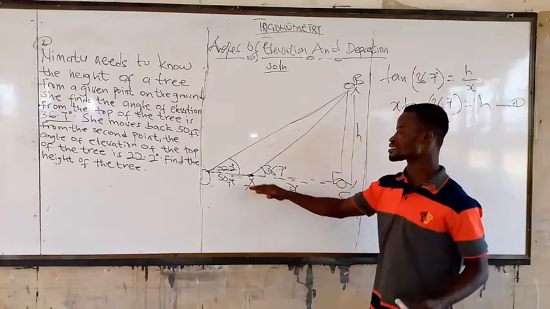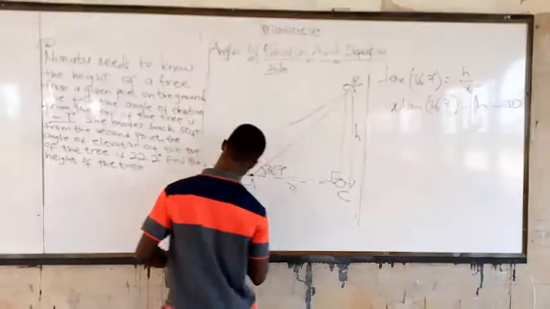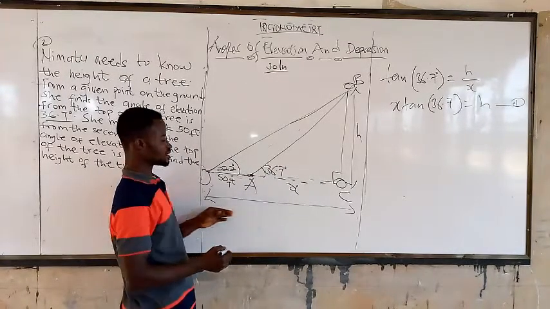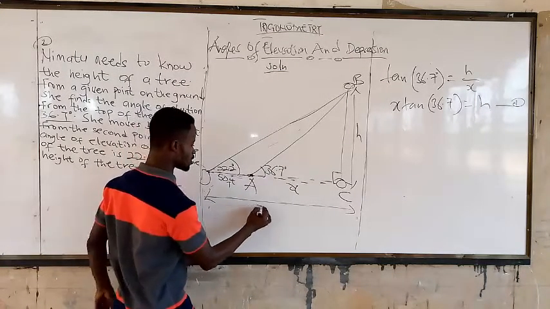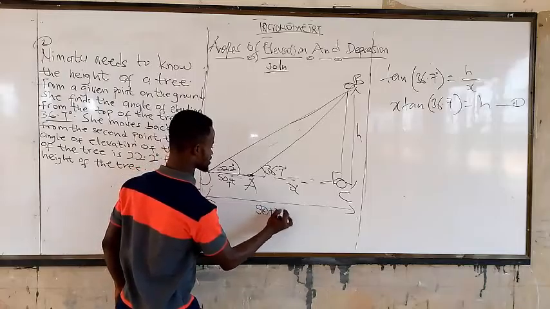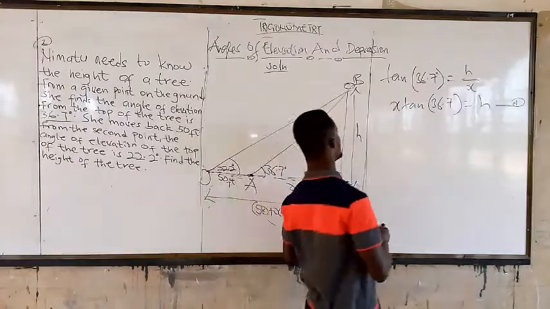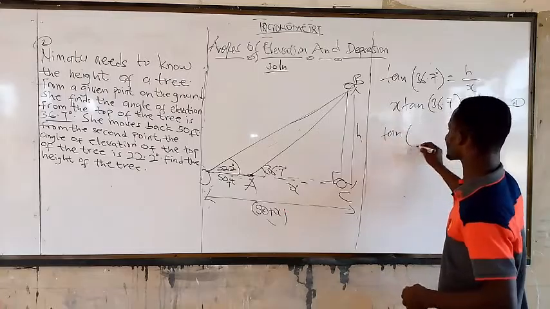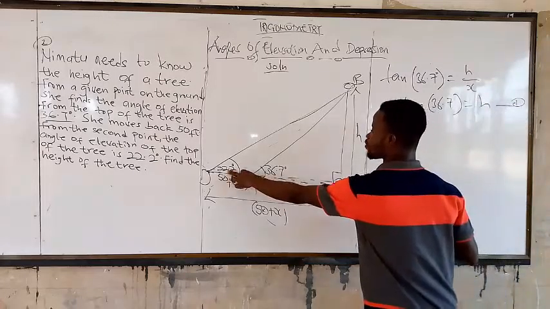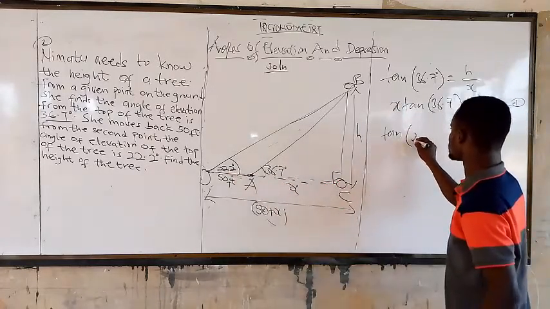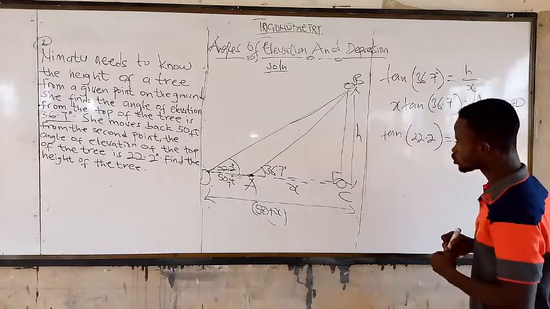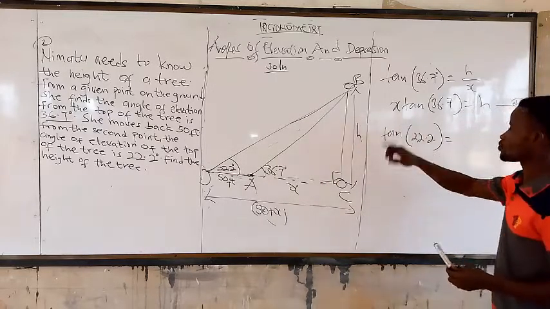And when we consider the bigger right angle triangle, the adjacent or the ground is 50 plus x. And for that matter, that one we can apply tan. And that is tan. And the reference angle now is 22.2, which is equal to opposite over the adjacent.